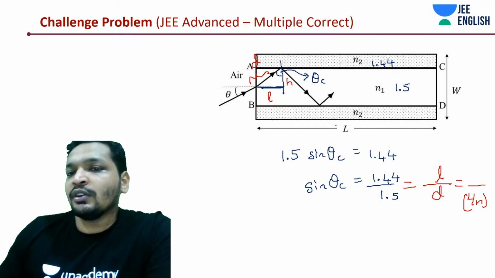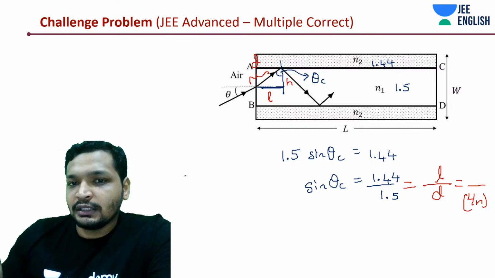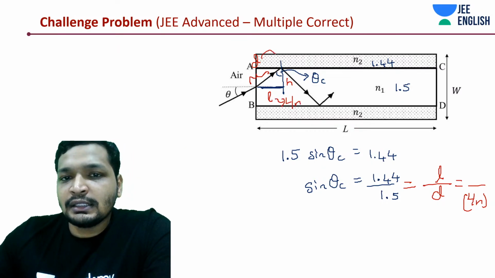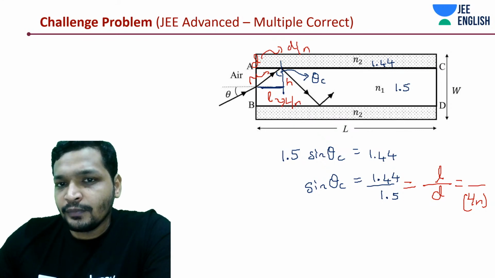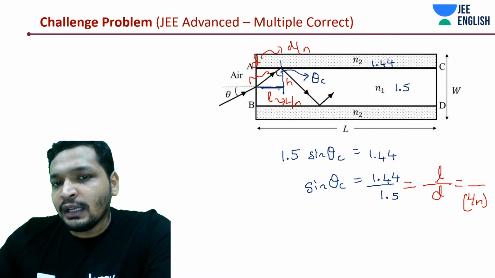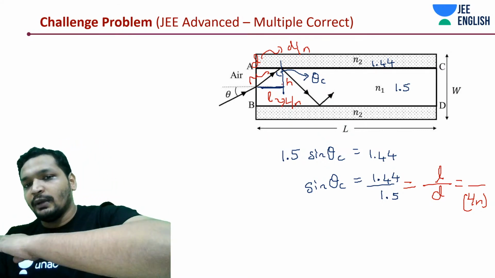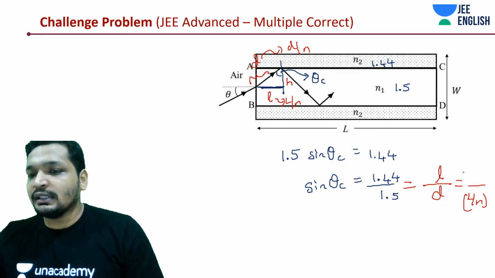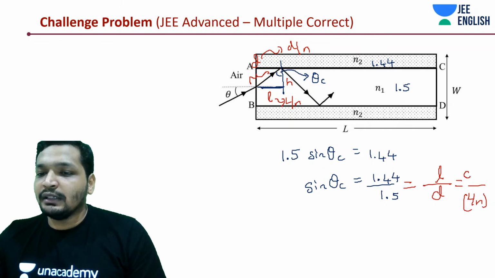Not that n, this is not the refractive index; these are small lengths we are dividing. If this is L by n and this is d by n, it will again cover a d by n in the time it would have traveled horizontally L by n, again horizontally L by n, again d by n, and so on.